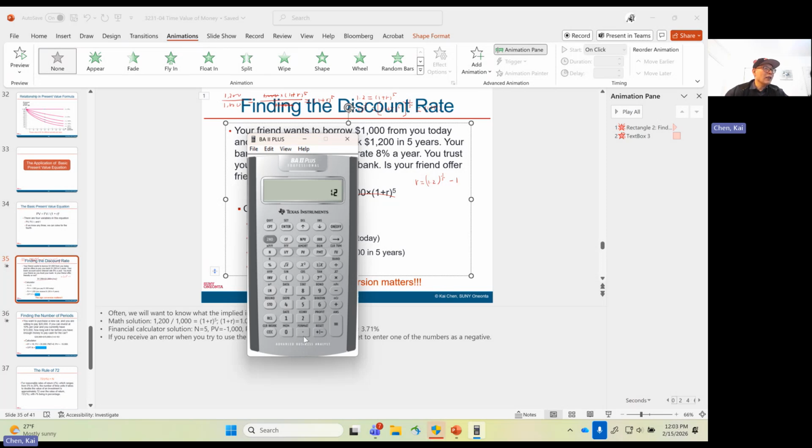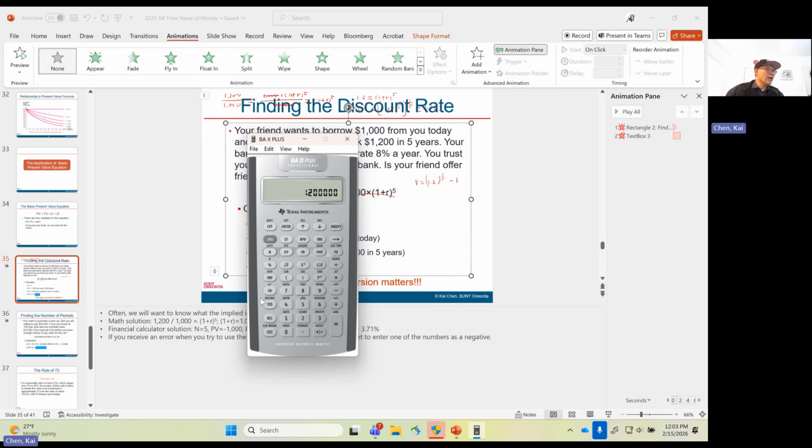How can we calculate the power? I'm going to use this key, y raised to the x. And then 1 over 5. If you have a good mental calculation, you would know that is 0.2, right? If you're not good at this, then we can calculate.